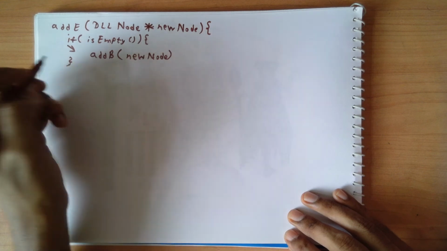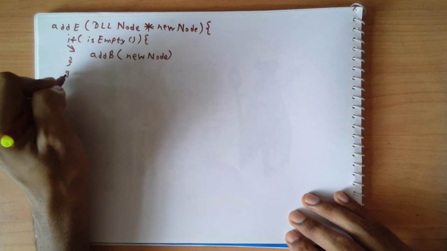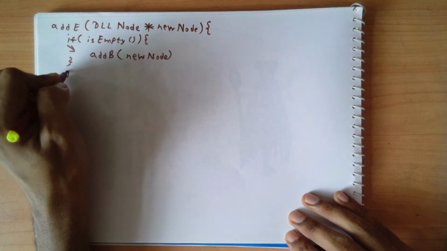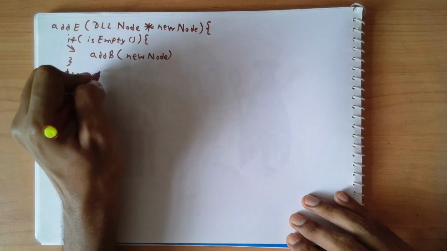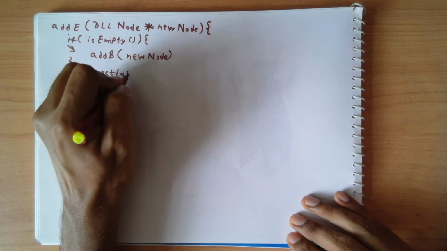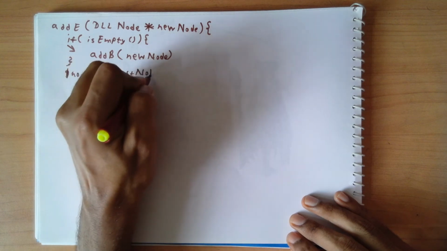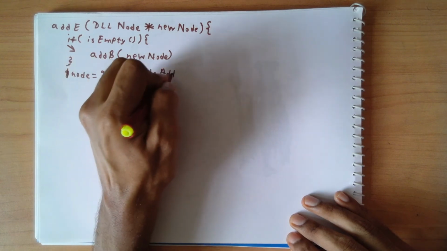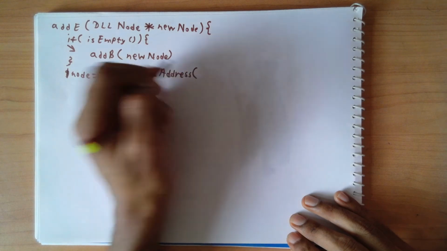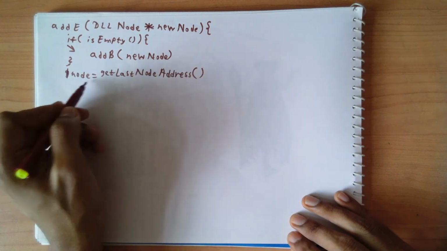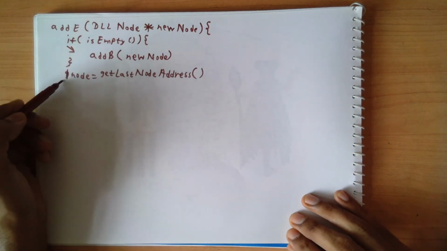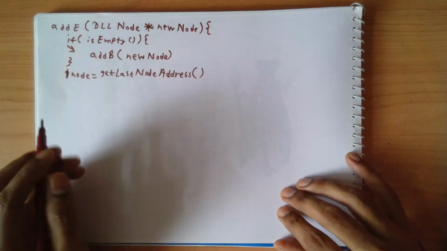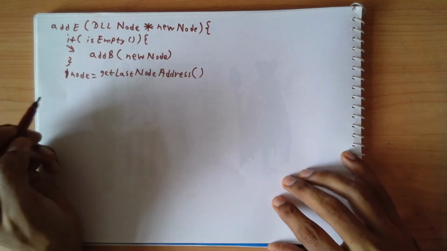Otherwise, we should get the address of the last node. So let's say lNode represents getLastNodeAddress, and we will get it here. Now because we are sure that the list is not empty, we know that this is not going to be null. So once we know which is the last node, things are quite simple.